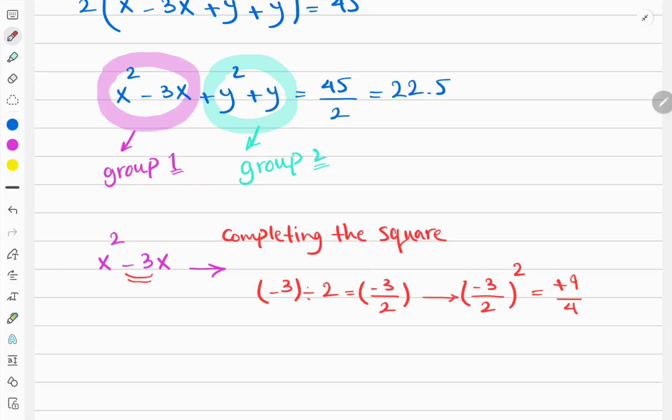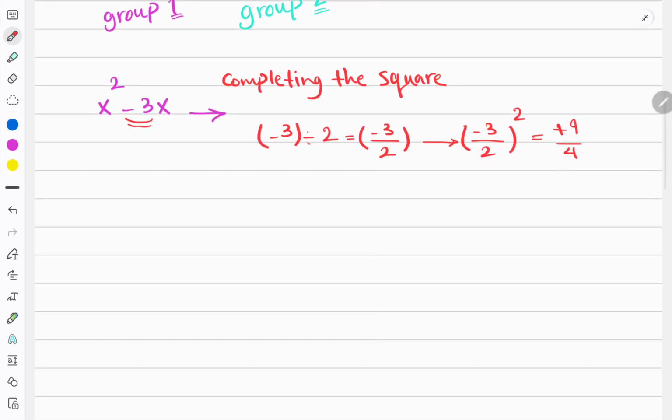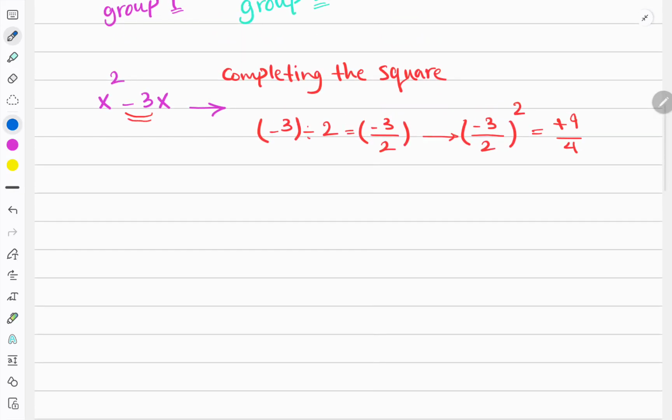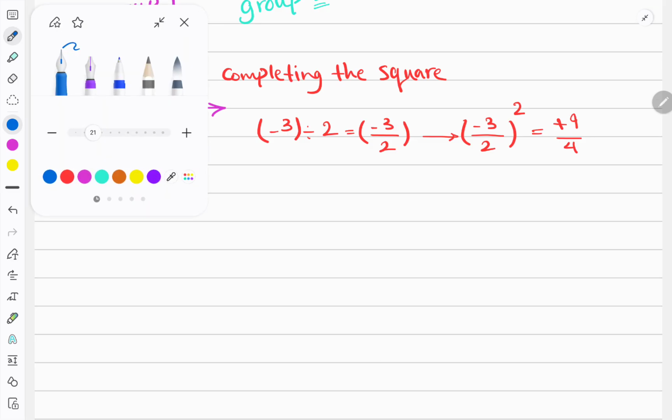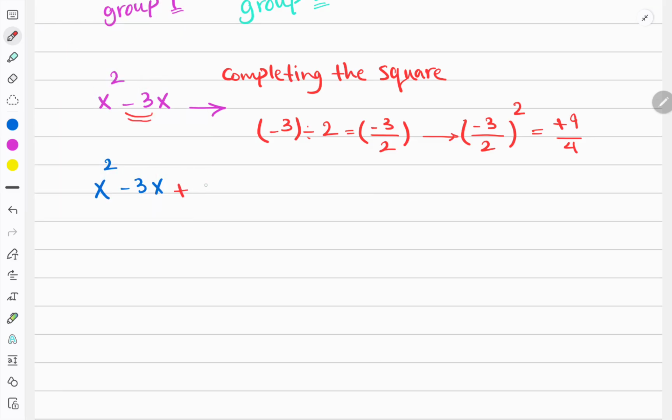So I'm gonna add 9/4 to this expression, and in order to maintain the value of this expression, I'm gonna subtract 9/4 again. So I have x squared minus 3x plus 9/4 and then minus 9/4.